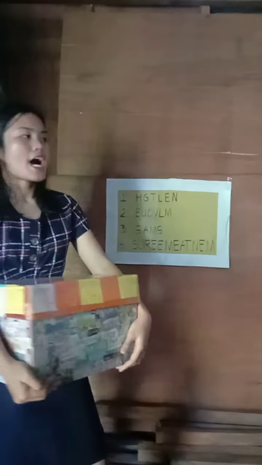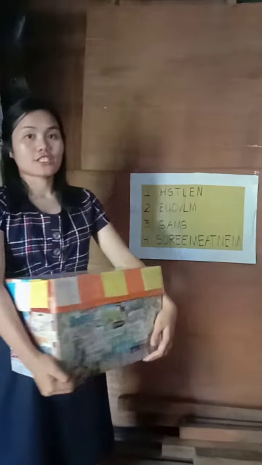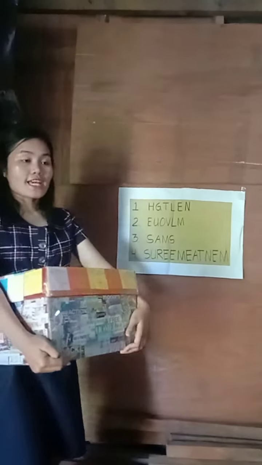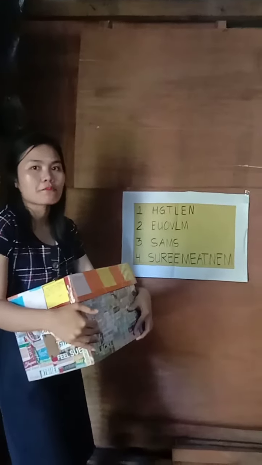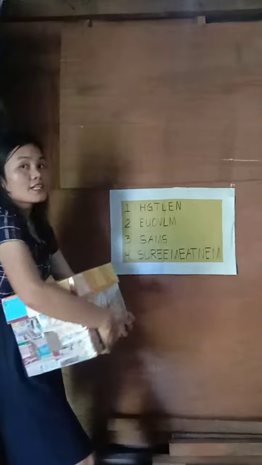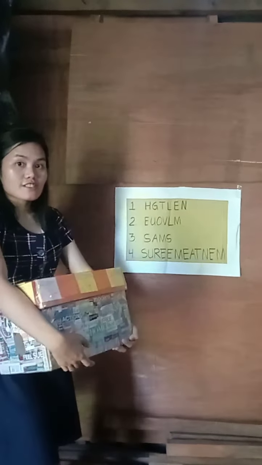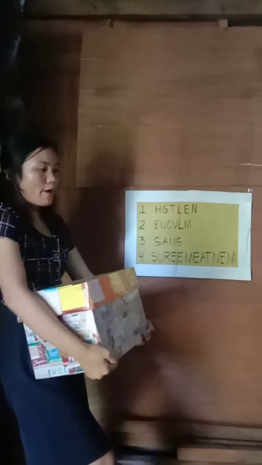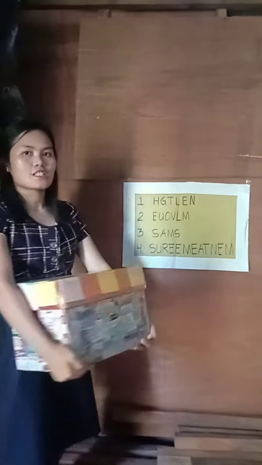Just like the other days, for those who first accomplish the task given to them, they will be given a prize. So we will have here our mystery box. The first one to arrange the jumbled letters and get the correct answers will be given a prize. So I'll be giving you 5 minutes to do that.